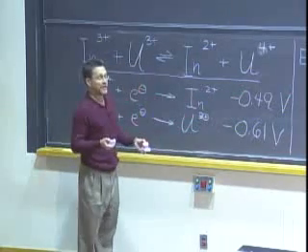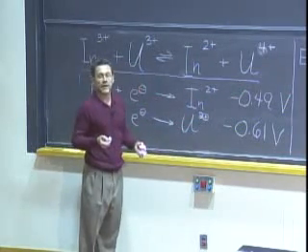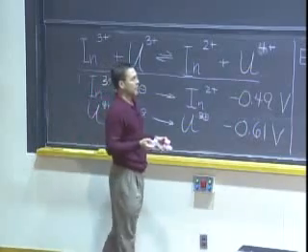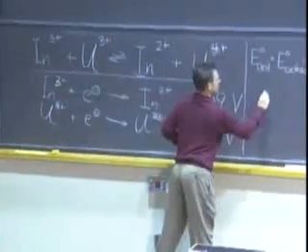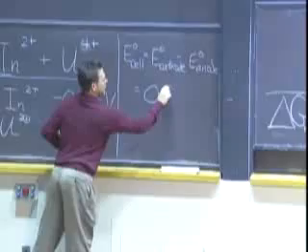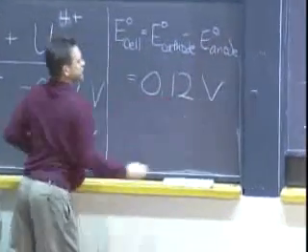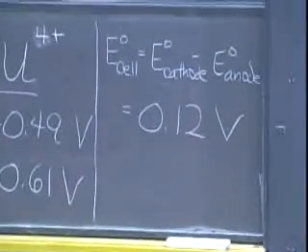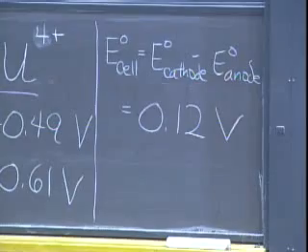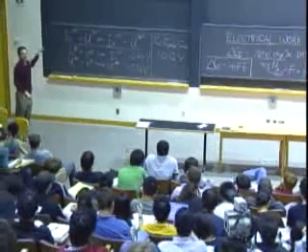And how much more negative is it? It's more negative by positive 0.12 volts. And because this cell potential is positive, we know that this reaction is spontaneous as written. And it's positive by 0.12 volts.